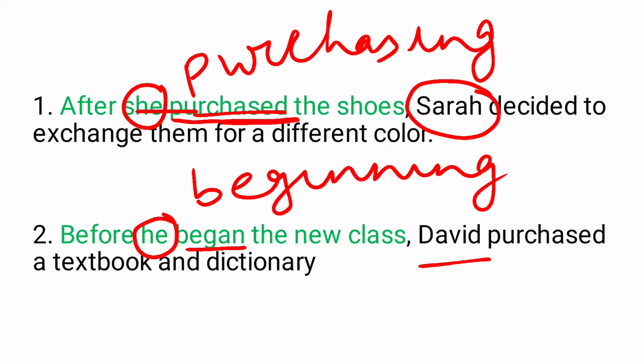And then this adverb clause will become an adverb phrase. Before beginning the new class, David purchased a textbook and dictionary. So this is how we can simply reduce our adverbial clause to modifying adverbial phrases in these sentences.